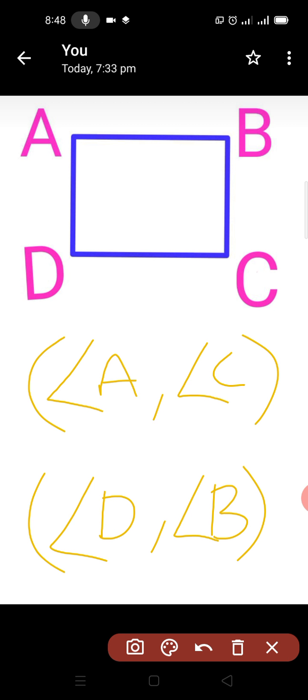Angle A and angle C are one pair of opposite angles. Next, angle D and angle B are the second pair of opposite angles. So these are the properties of quadrilaterals. We have 4 vertices, 4 sides, 4 angles, 2 diagonals, 4 pairs of adjacent sides, 2 pairs of opposite sides, 4 pairs of adjacent angles and 2 pairs of opposite angles.